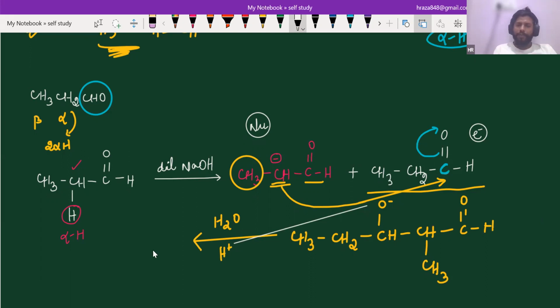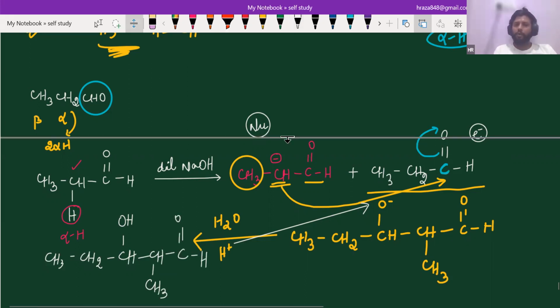As you can see, this will be the product: CH3, CH2, and then CH, and with this CH, O minus was there, but H plus attacked that, so it will be OH. After this, this is your CH3 here, CH and CH3, and after that C double bond OH is there. Up to this, you have only got the aldol.